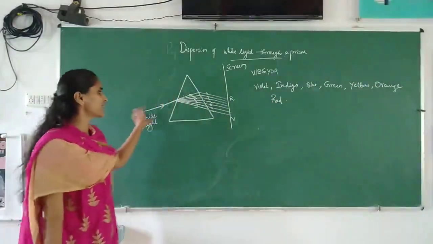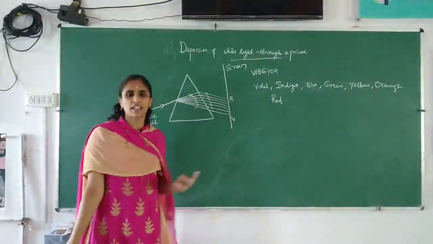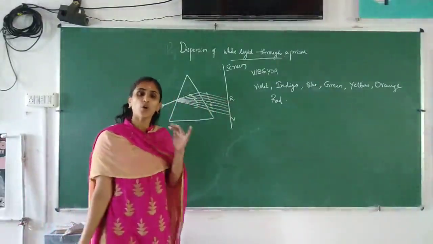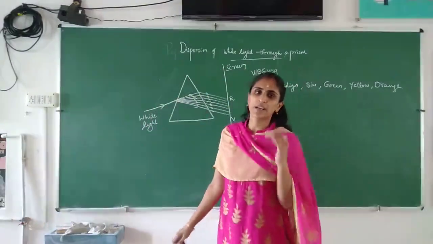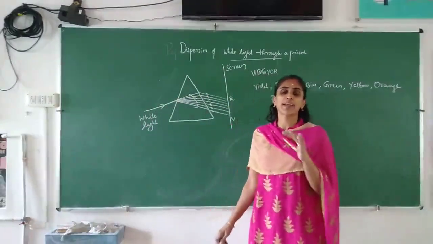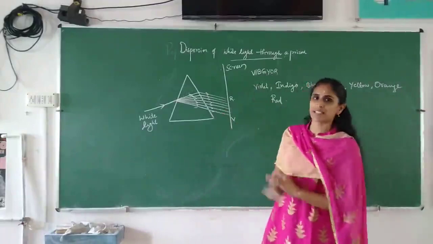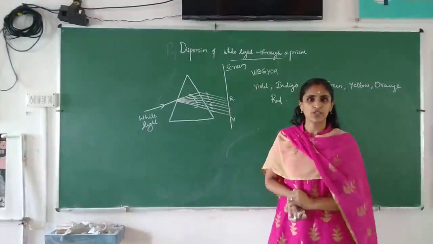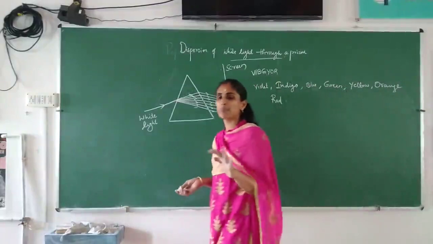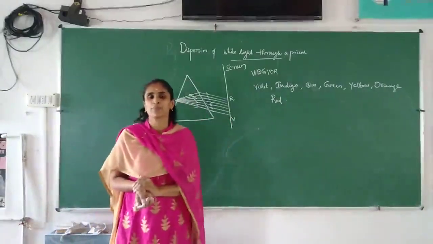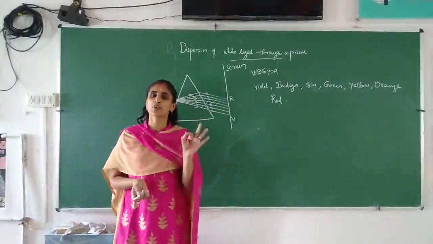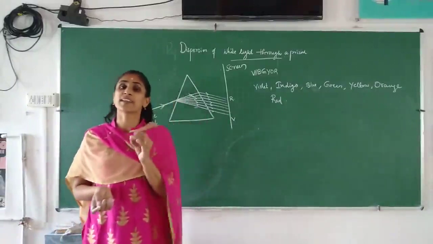That single white light is split into 7 colors. And this phenomenon of splitting white light into 7 colors, when it is passing through a dispersive medium like a prism, is known as dispersion. So this dispersion does not take place in any medium. For example, when white light is passing through air, no dispersion takes place because air is not a dispersive medium.